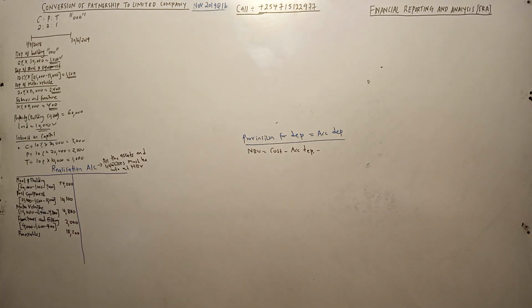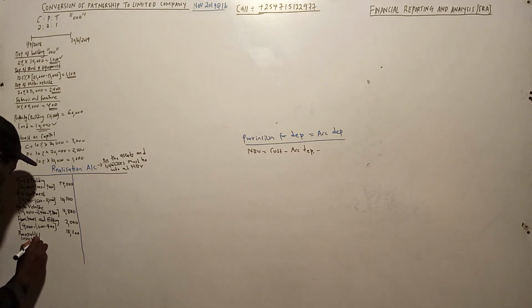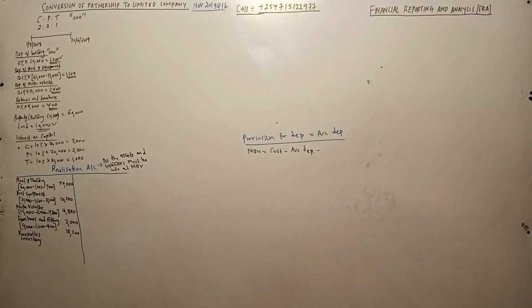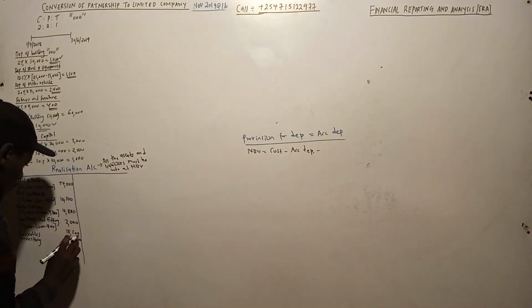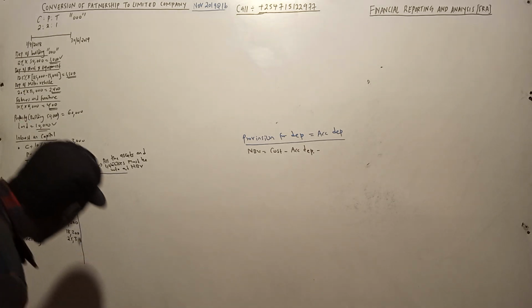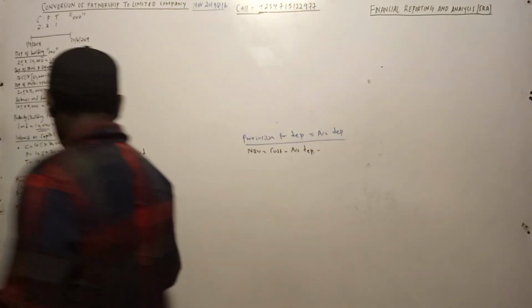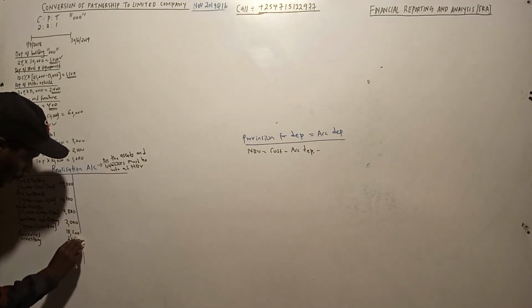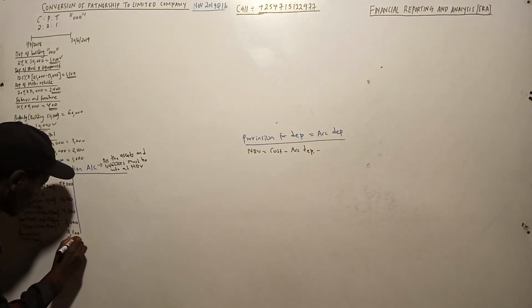We also have inventory, 25,300. We also have cash, all those assets. Sorry, cash is supposed to be 25,300.